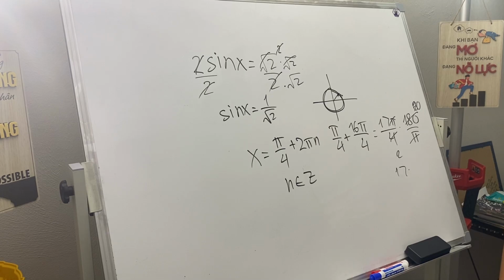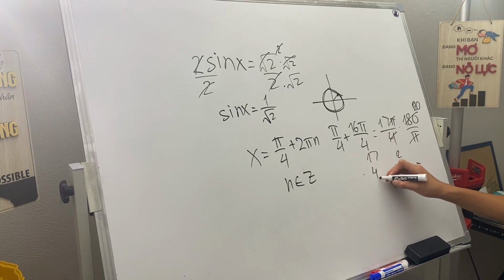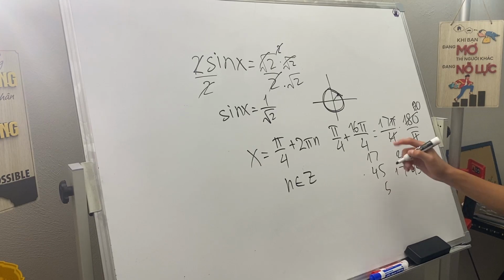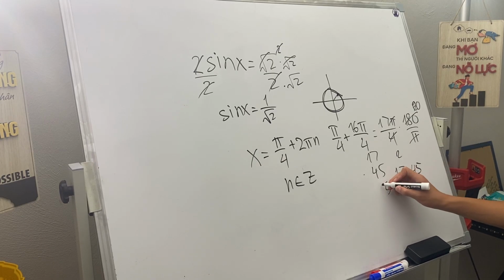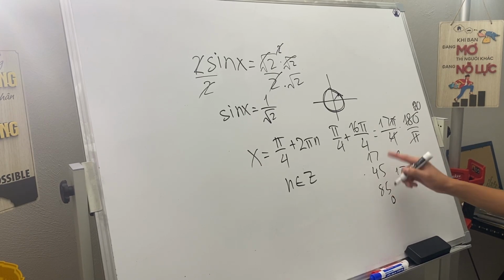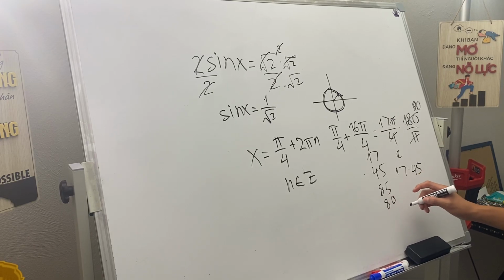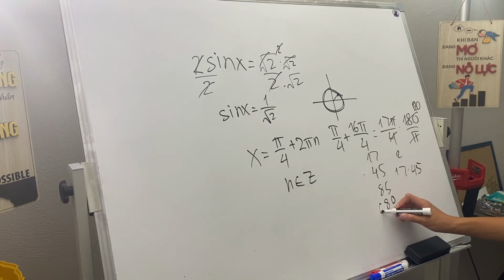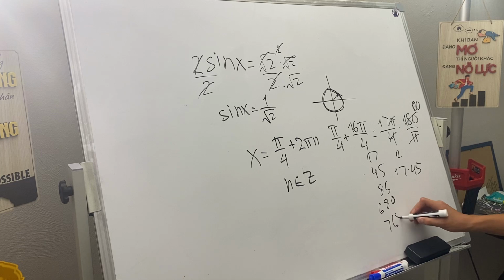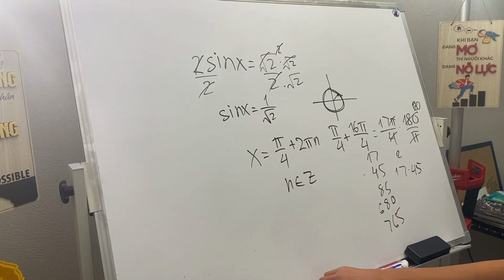Is that right? Sure. Yeah. So 45. Multiply this out. Oh my god. Multiply. Oh, 765. Very nice. 765.